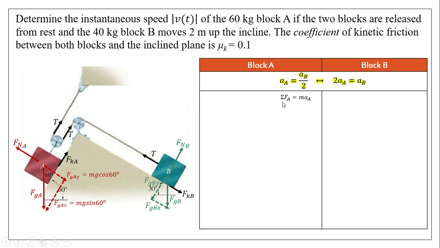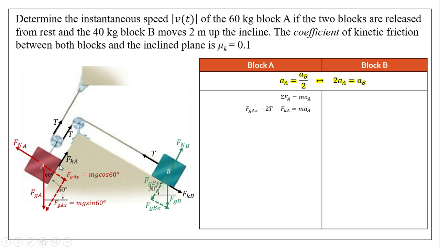So here in Newton's second law, net force of block A is equal to mass of A times the acceleration of A. Here, if you look at it, it says that block B is moving up the ramp, which implies that block A is moving down the ramp on the left side. Well, the free body diagram for block A suggests that there's an F of G AX that's pointing down the ramp, right?